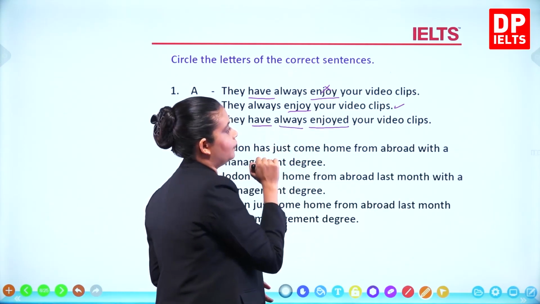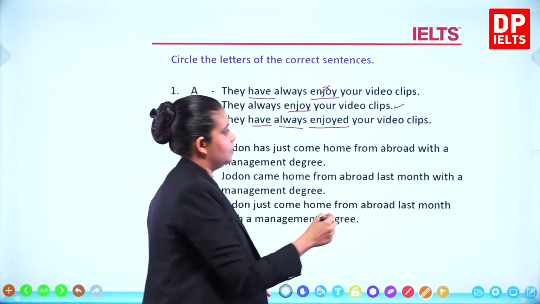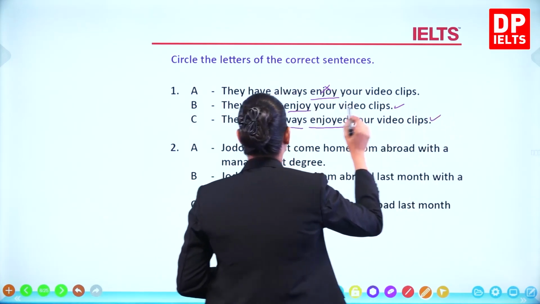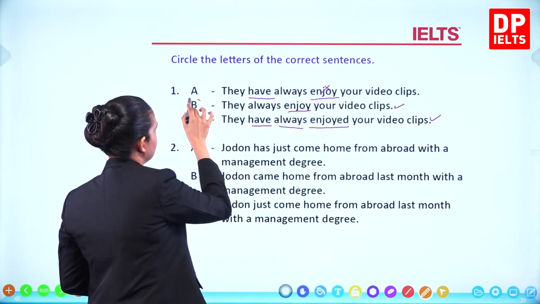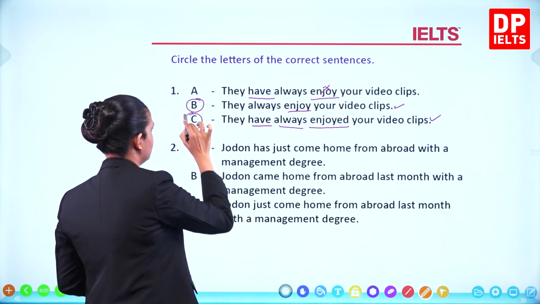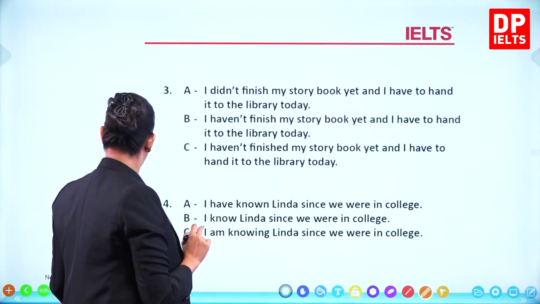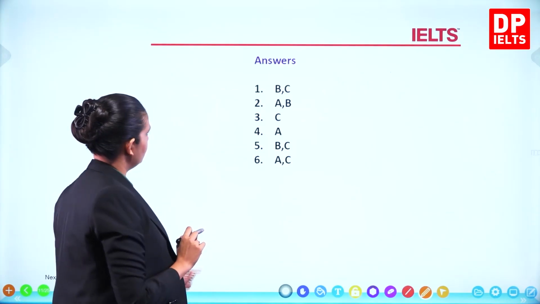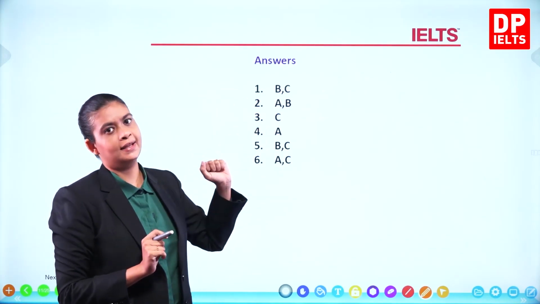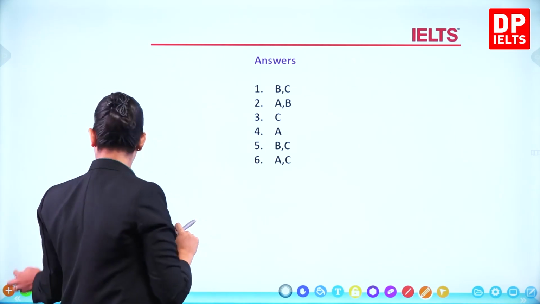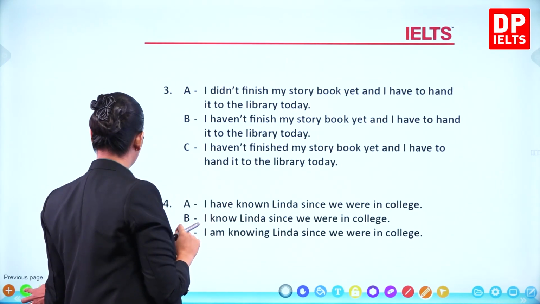In the middle you have the frequency adverb. So that is also correct. So which two letters are correct? B and C. Right? Alright. So here we have B and C. Let us have a look at the second one.